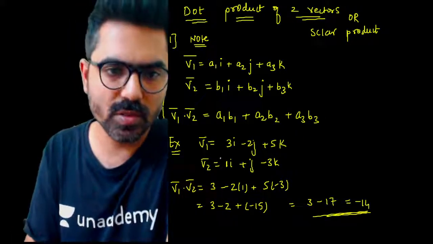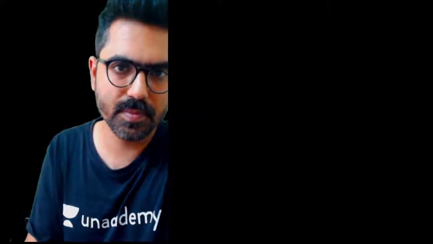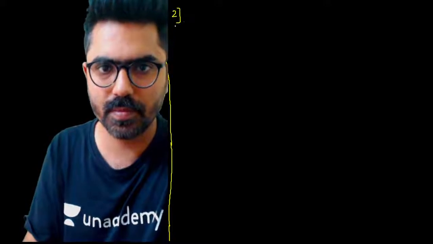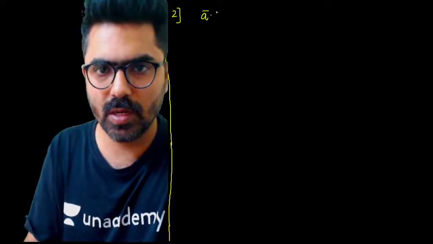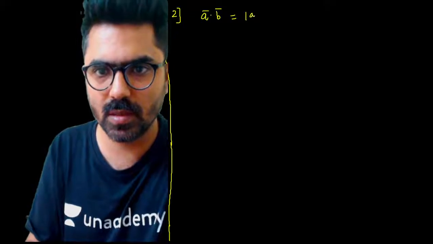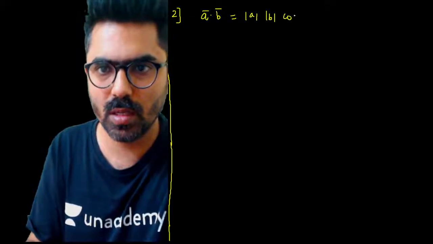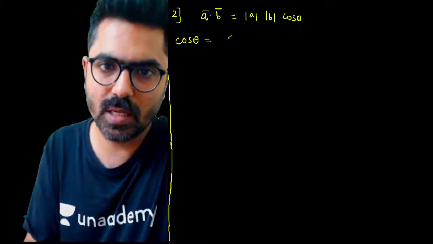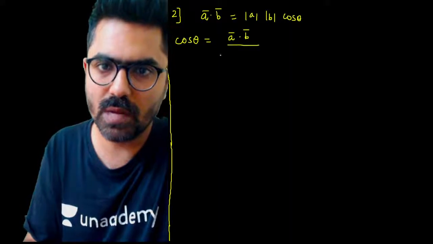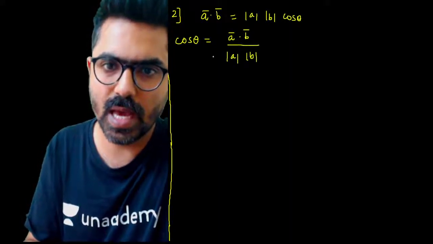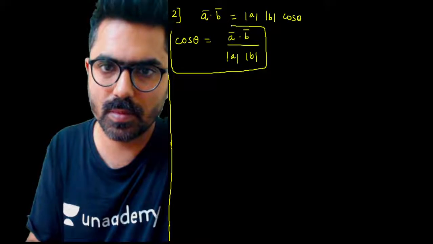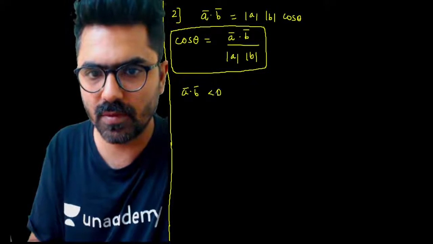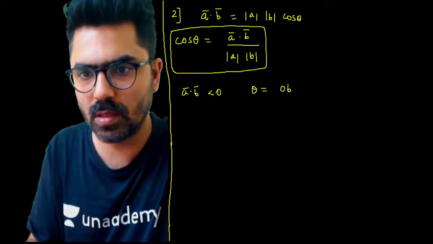Now let's see where we can use this, or let's understand the further note points of this dot product. So a dot b is actually defined as mod a into mod b into cos theta. Okay, so from here we can say that a dot b can be used to find the angle between two vectors. If a dot b is negative, then we say theta is an obtuse angle.